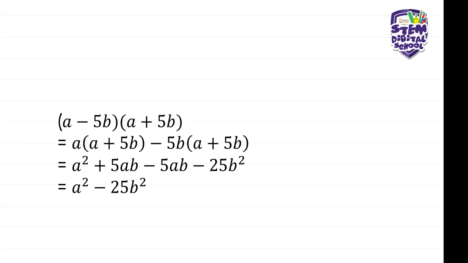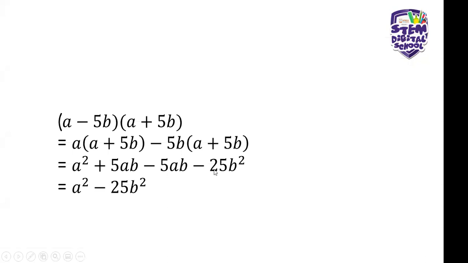What is important in this case is to realize that this is the factorized expression of the difference of two squares. You probably recall we did the difference of two squares. In the same way, you break your brackets, and you'll see that a times a is a squared, and then 5ab minus 5ab, and the last one is negative 25b squared. And then 5ab minus 5ab is 0. And then the last one will be a squared minus 25b squared.